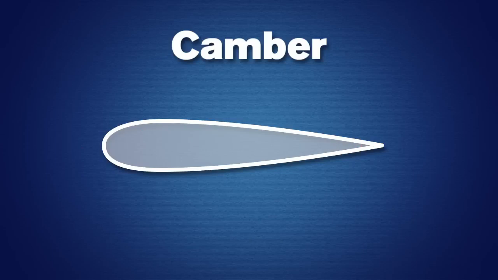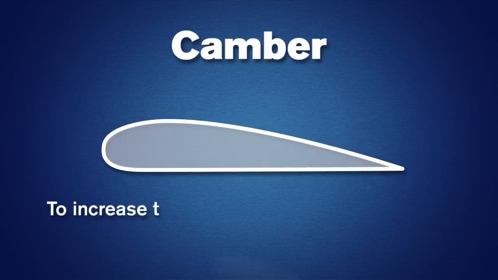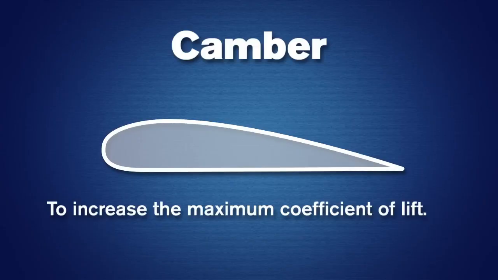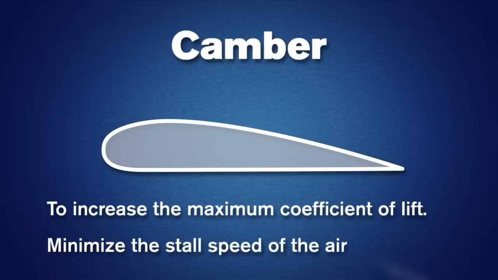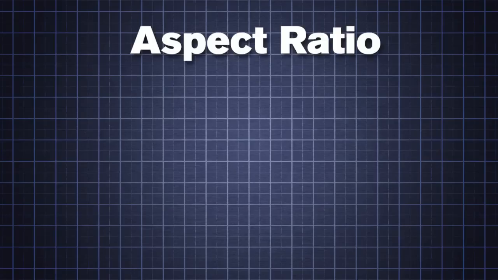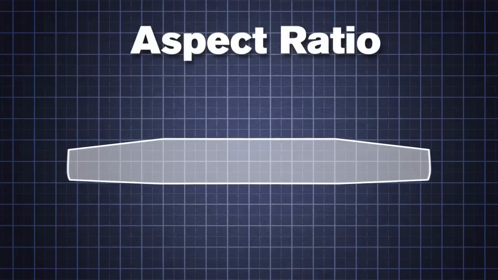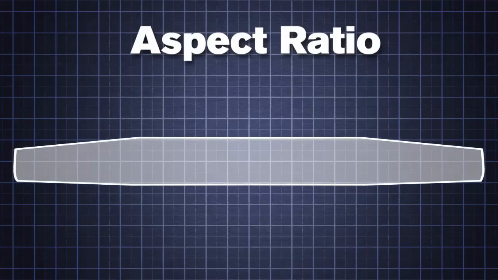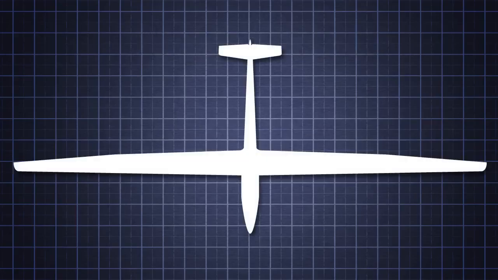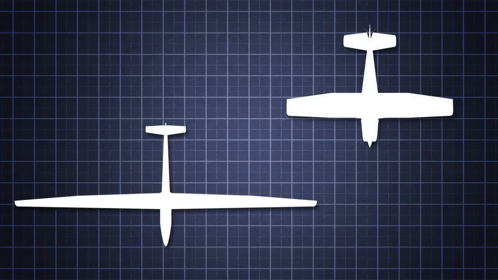Camber is usually designed into an airfoil to increase the maximum coefficient of lift, and thereby minimizing the stall speed of the aircraft. The wing's aspect ratio is the relationship between the length and width of the wing. Generally, the higher the aspect ratio, the more efficient the generation of lift is. For example, gliders have really long, skinny wings, giving them a higher aspect ratio compared to a Cessna 172.